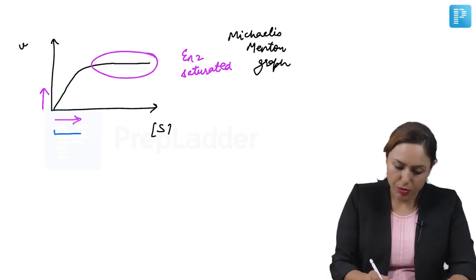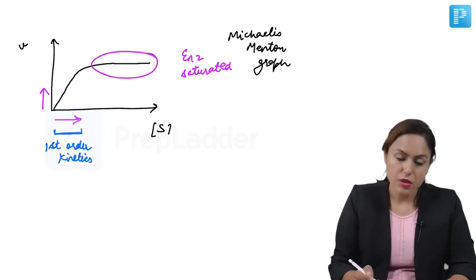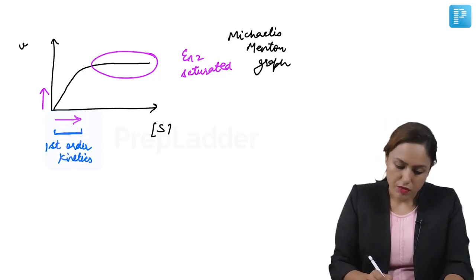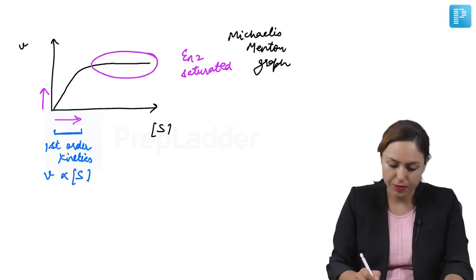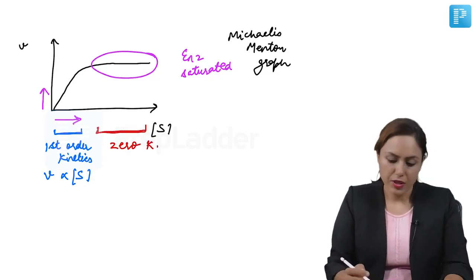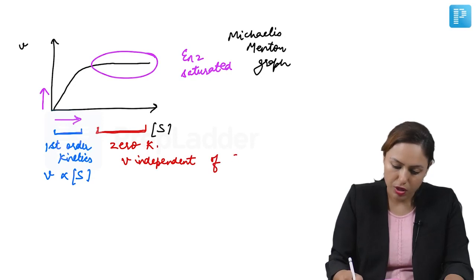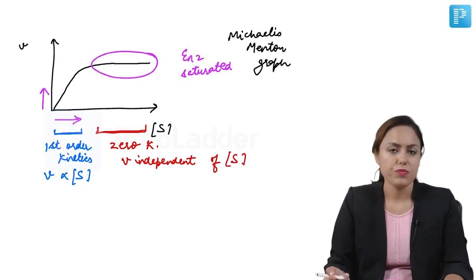So in the initial portion of the graph, first order kinetics is followed. In first order kinetics, velocity is directly proportional to substrate concentration. But in the later portion of the graph, it is zero order kinetics. In zero order kinetics, velocity is independent of substrate concentration, right?